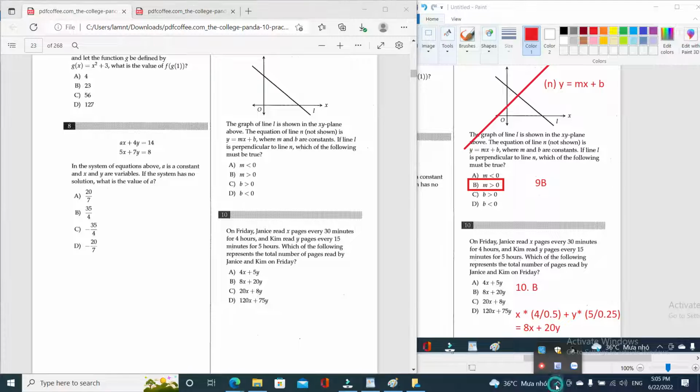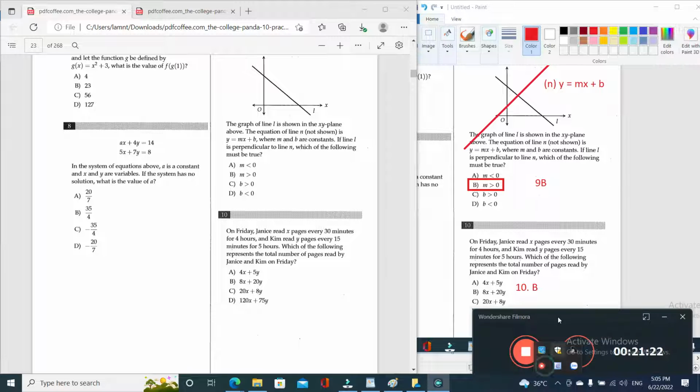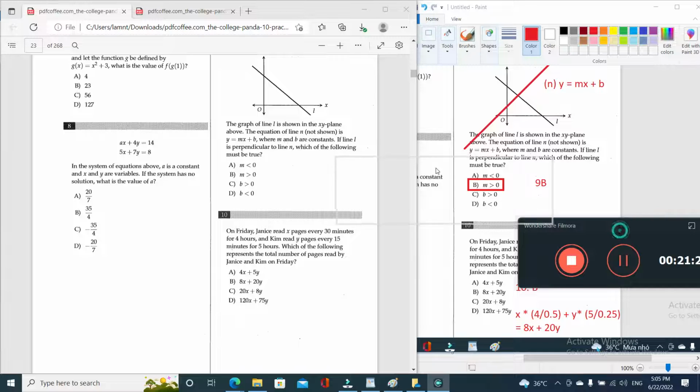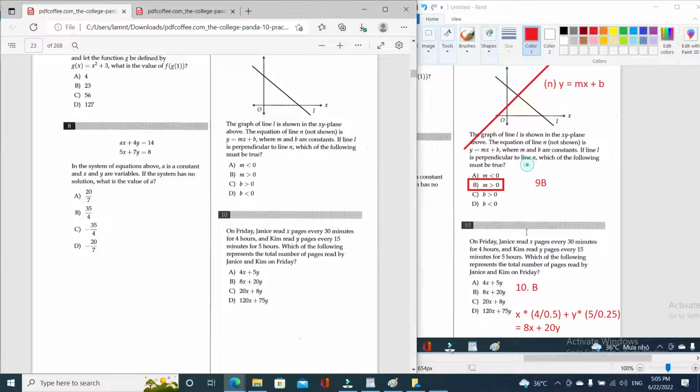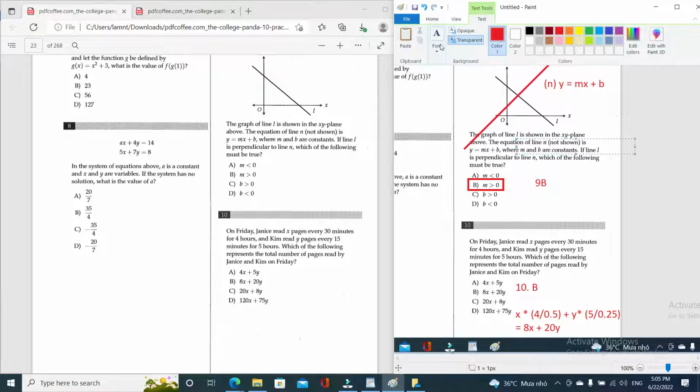Okay, so let's continue from number 10 onward. So 10 is B, 8x plus 20y, because the explanation is underneath here. So the answer for 10 is B.